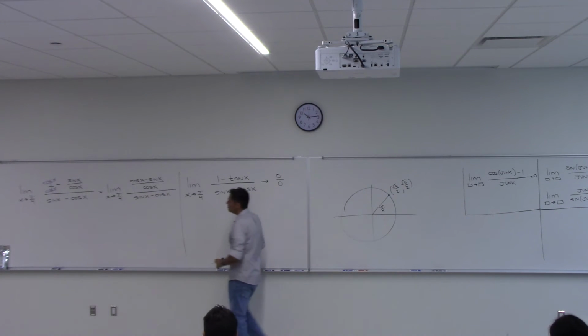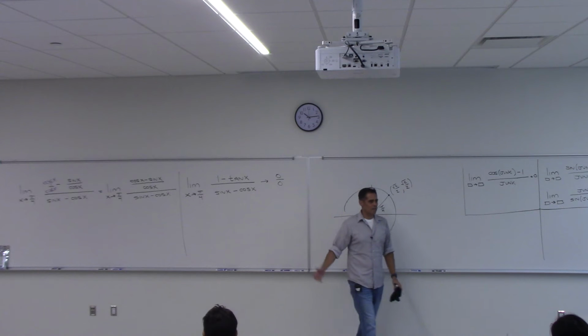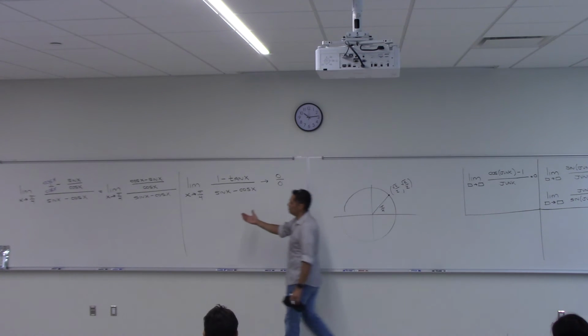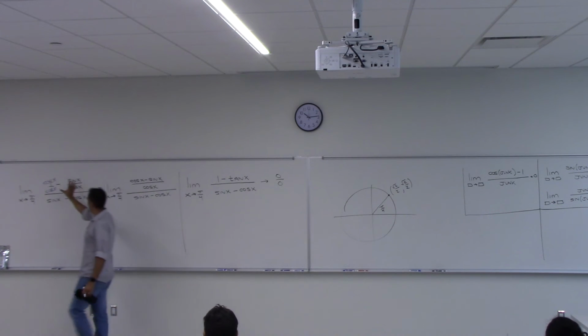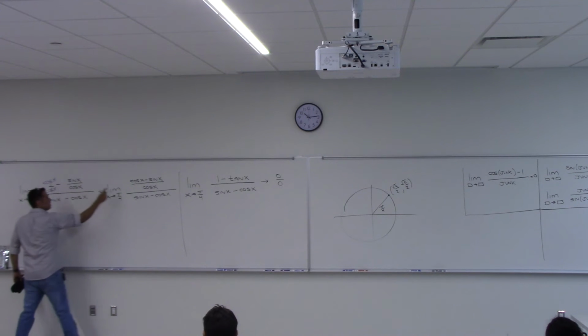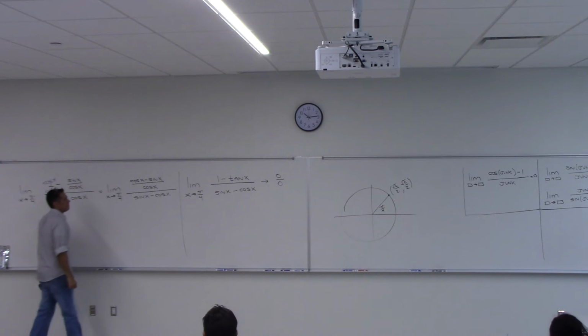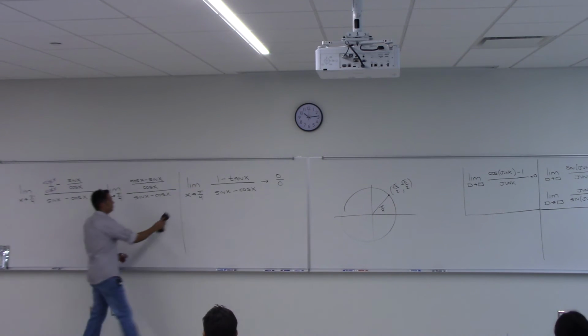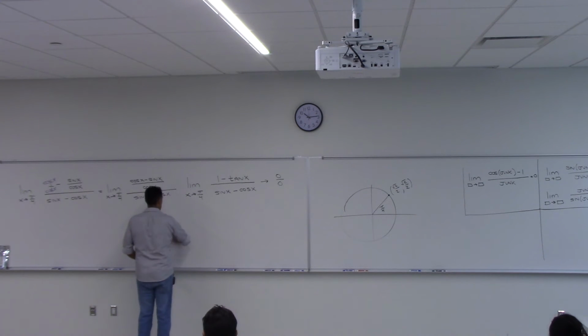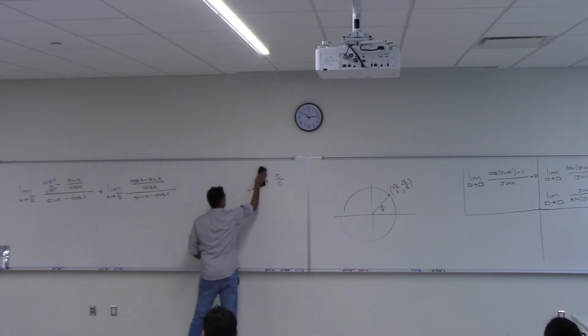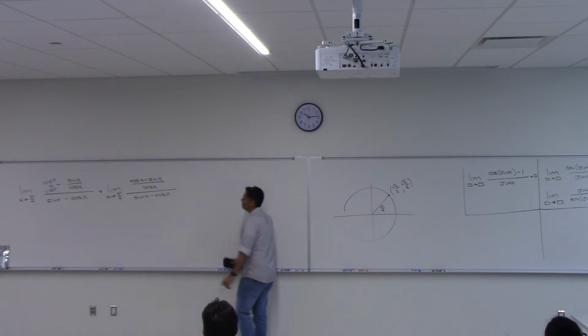Do we all believe this? Is that the same thing? Yes, sir. All right, put those two together. That's this, and then over this. That's a legal move. Now what?